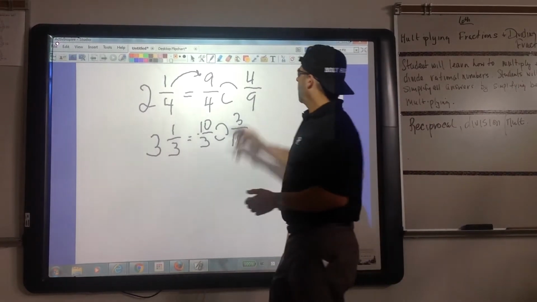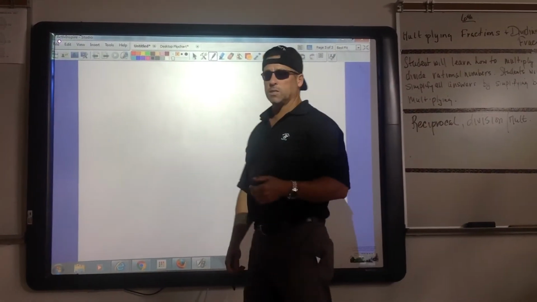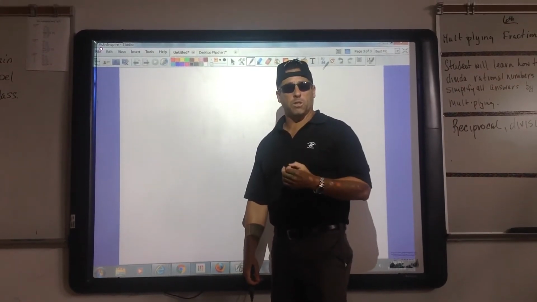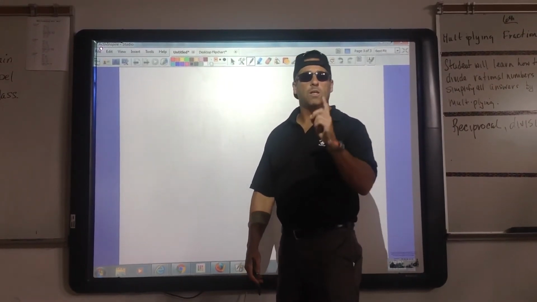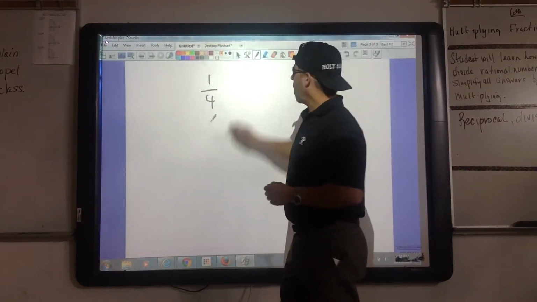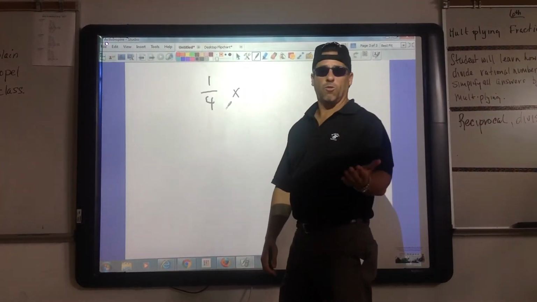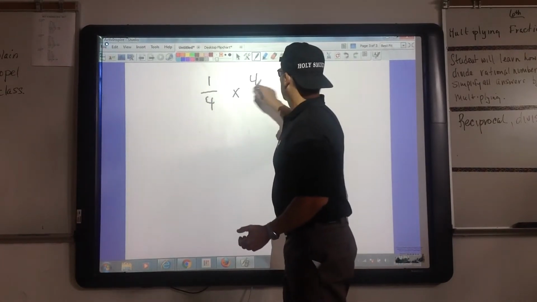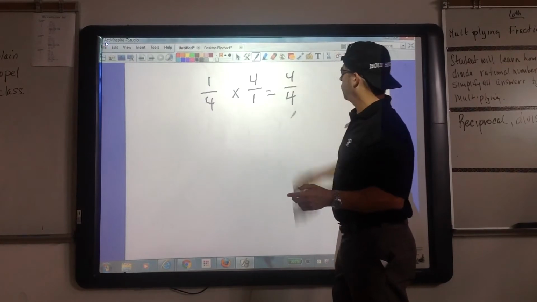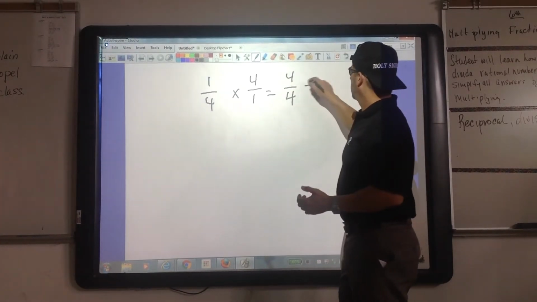Now, the definition of a reciprocal says any number multiplied by its reciprocal equals 1. Well, let's take any number. 1/4 times its reciprocal, 4 over 1, equals 4 over 4, which we all know is 1.